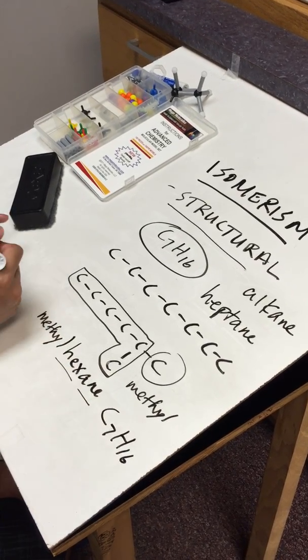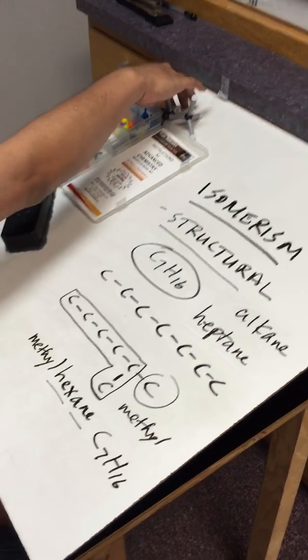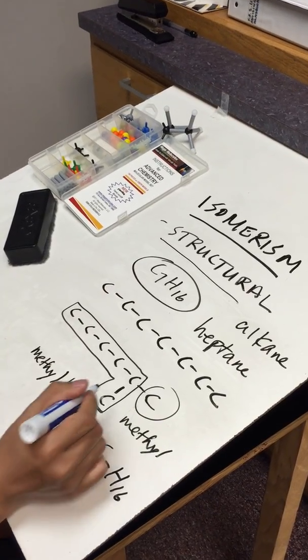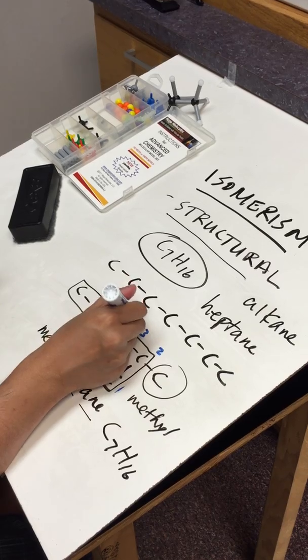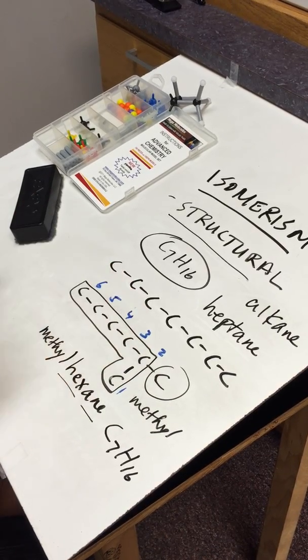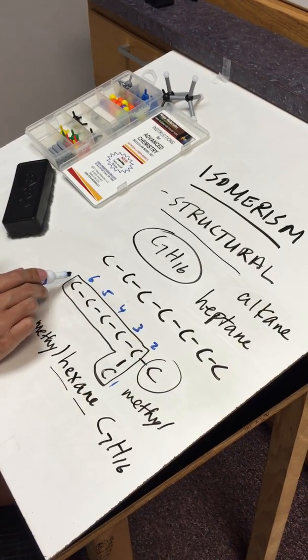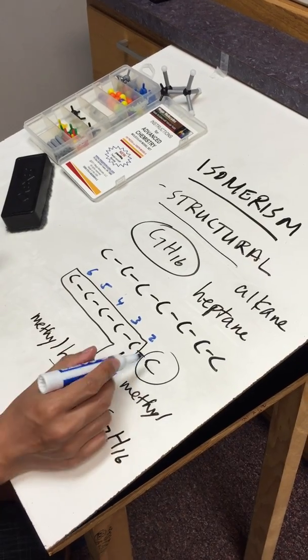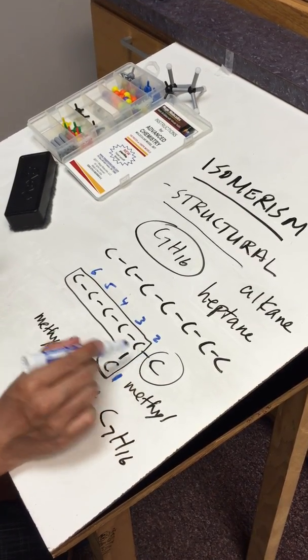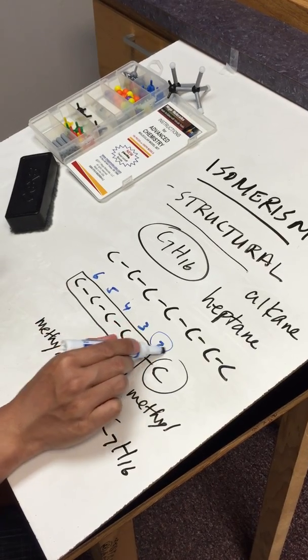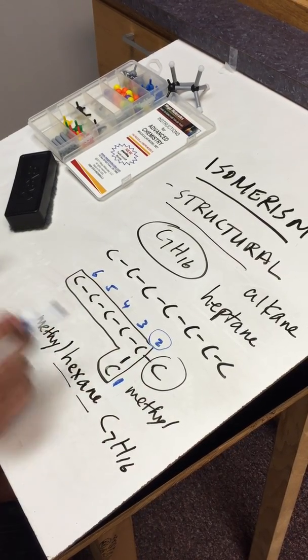Now you may want to learn how to count the carbons, because if you count from left to right, the numbering will be different from right to left. The rule says that to get to a branch, you have to use the lowest possible number.